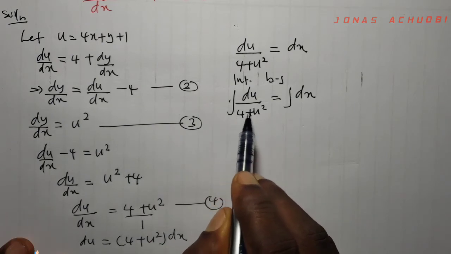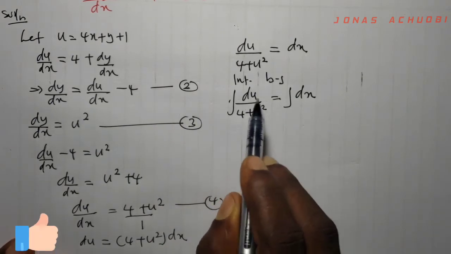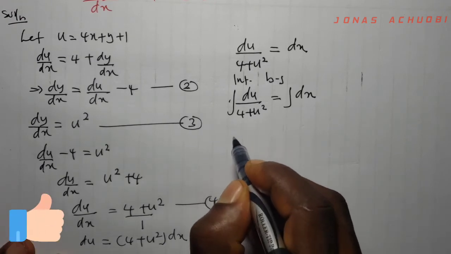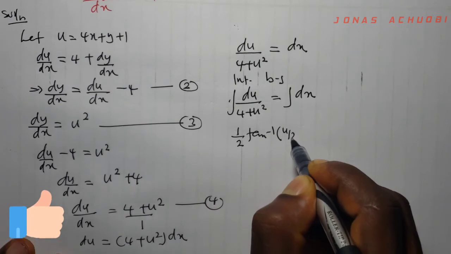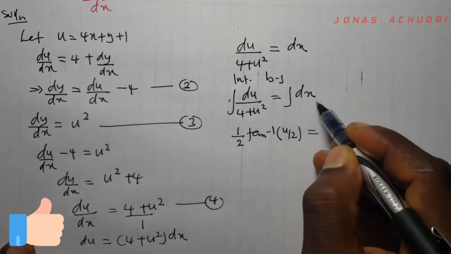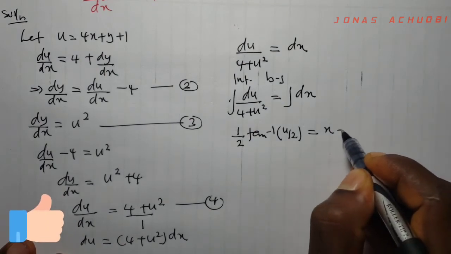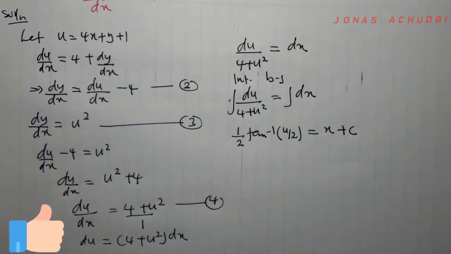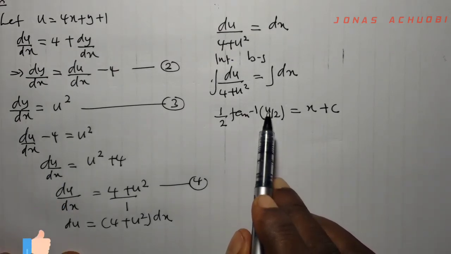Now this left integral is a familiar integral, and if you integrate the left hand side of this function, what you simply get is 1 over 2 tan inverse of u over 2 equal to the right hand side integral, which gives us x. We now introduce, of course, our constant c of integration. What we want to find is the value of the unknown function u.